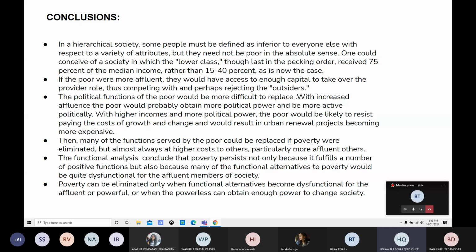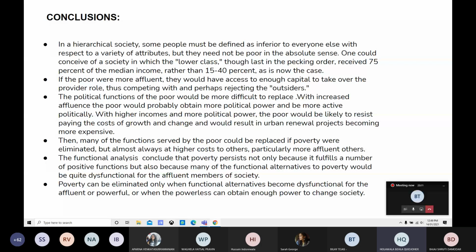This would result in urban renewal projects becoming more and more expensive. Many functions served by the poor could be replaced if poverty were eliminated, but it will always be a higher cost to the upper class people.